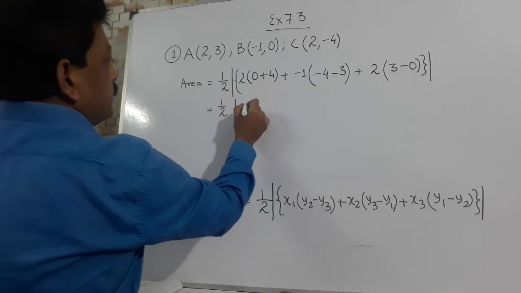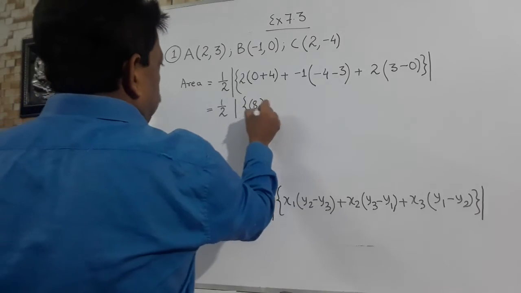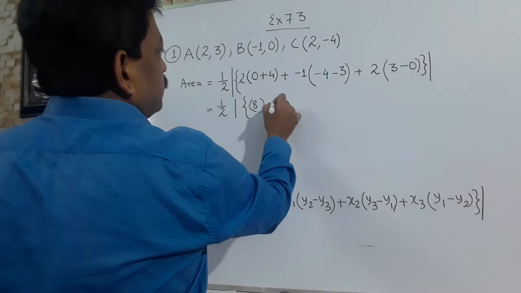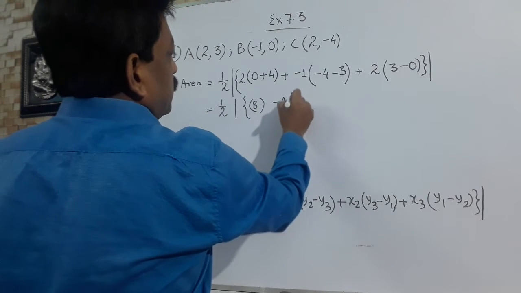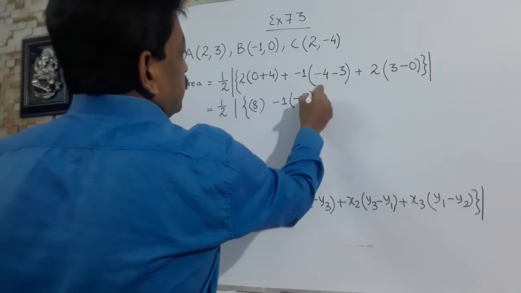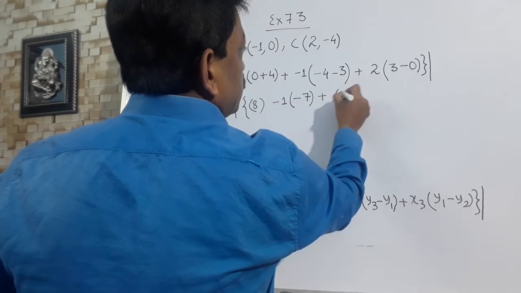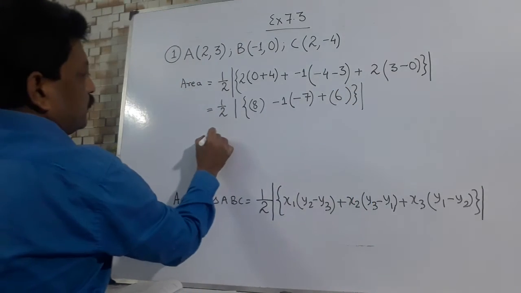So 2 into 4 is 8. Minus 1, and this is minus 7. So it will be minus 1 multiplied by minus 7 plus 2 into 3 is 6, equals to half.